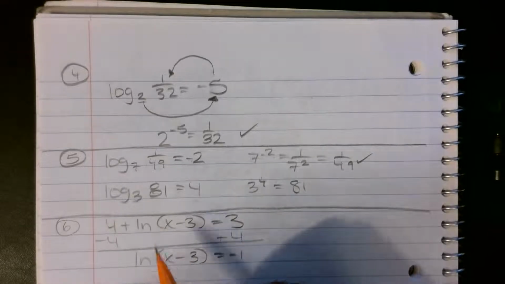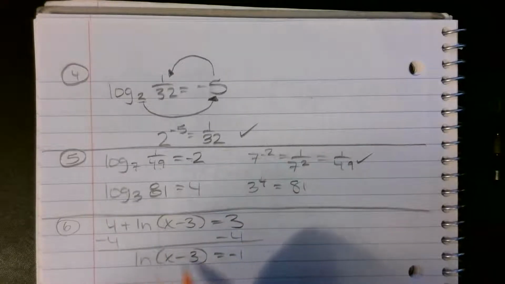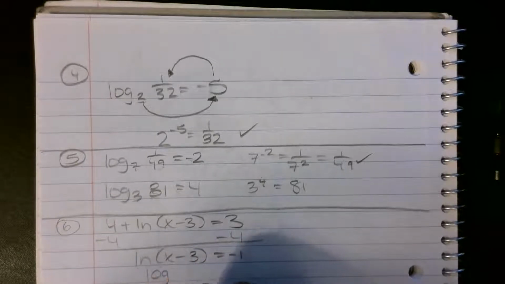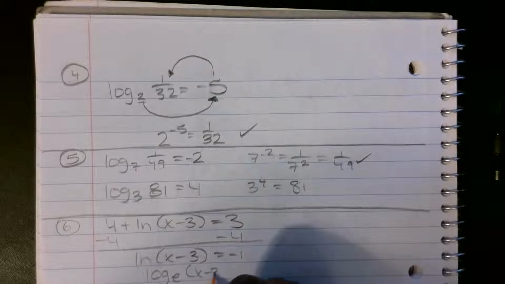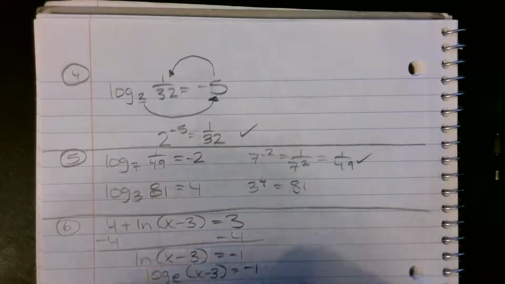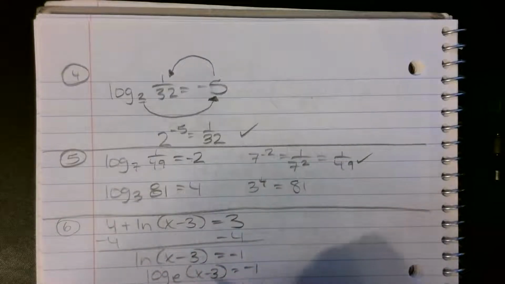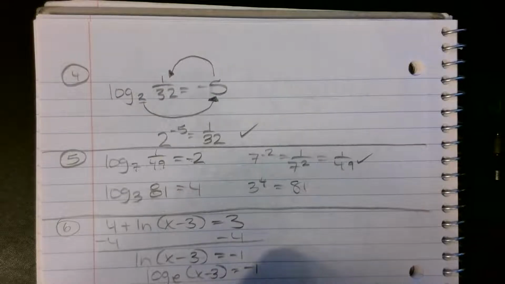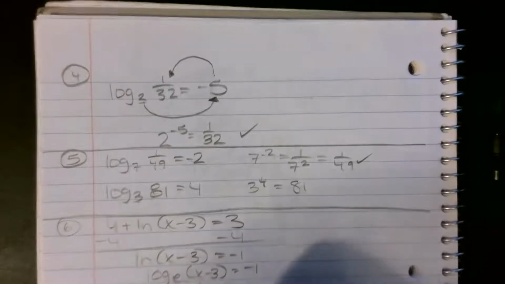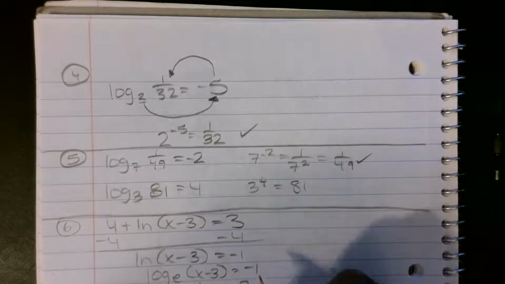We know that natural log is log base e. This is the same thing as log base e of x minus 3. So we change this to exponential form, and this means that e to the negative 1 is equal to x minus 3.